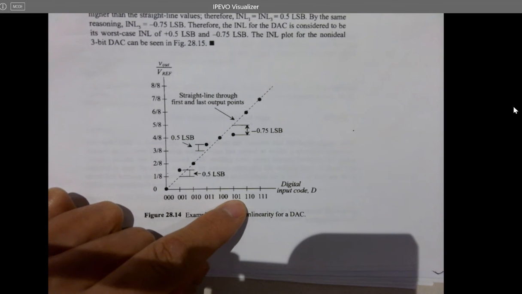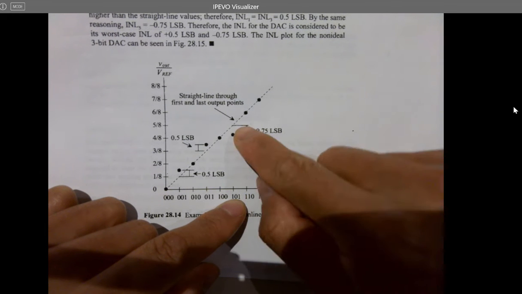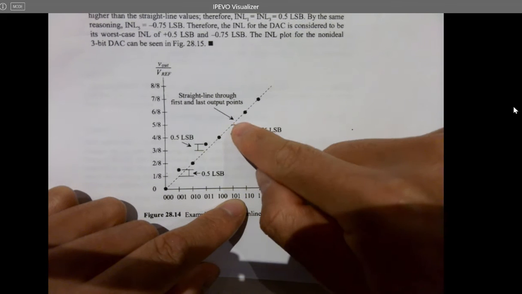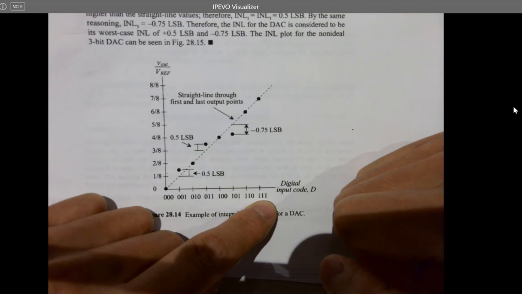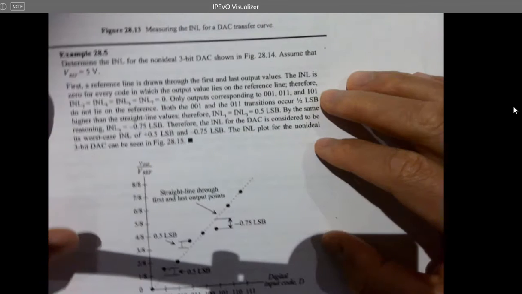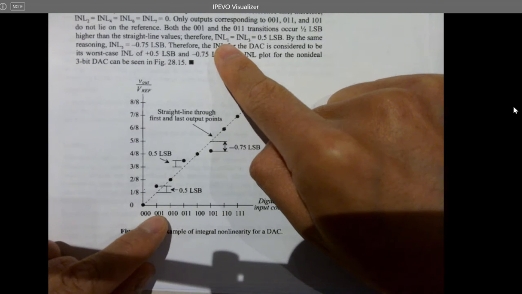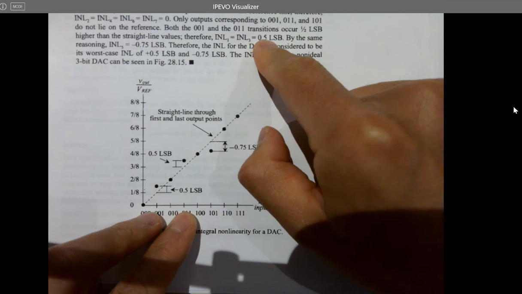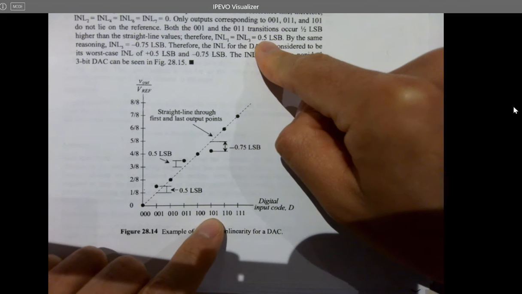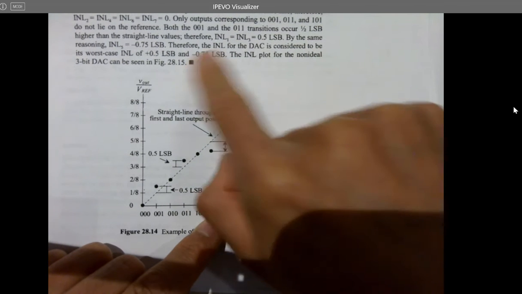INL 5: negative 0.75 LSB. It's lower than the ideal point. INL 6, 0. INL 7, 0. Let's see if that's true. So INL 1 and 3 are 0.5 LSBs, and INL 5 is negative.